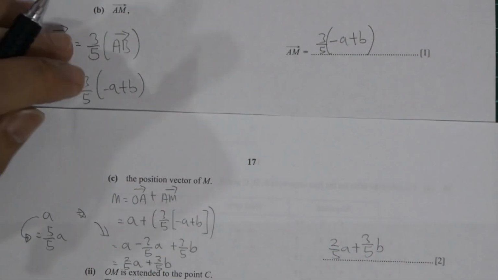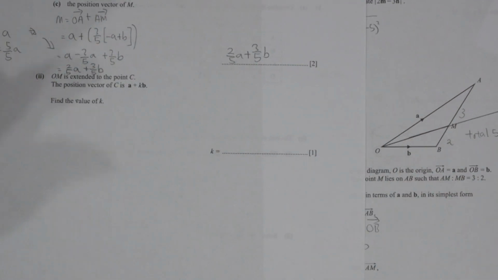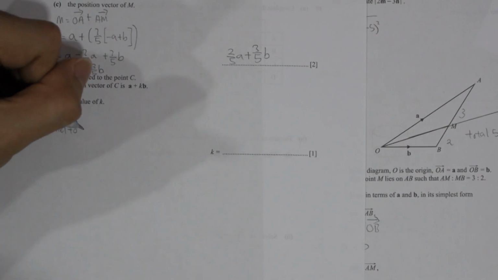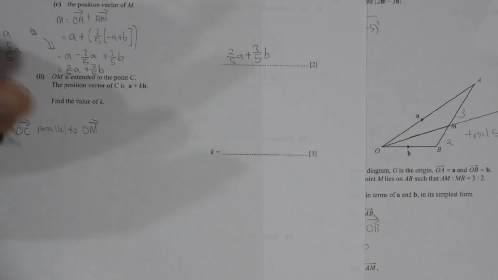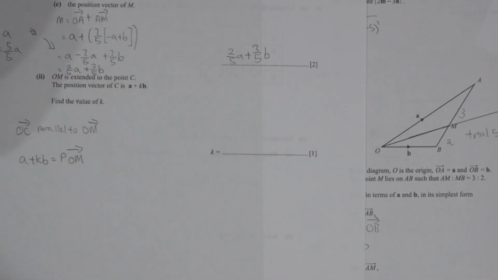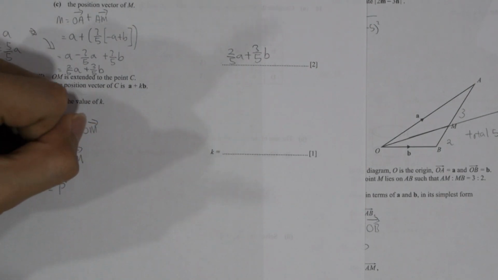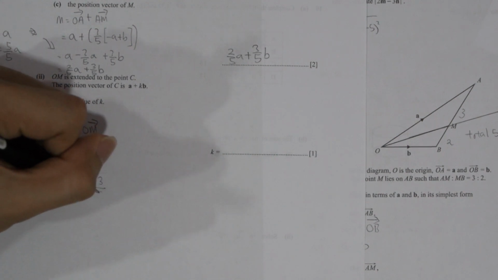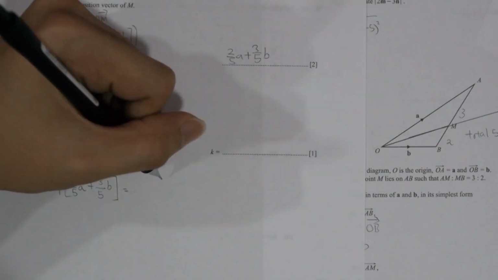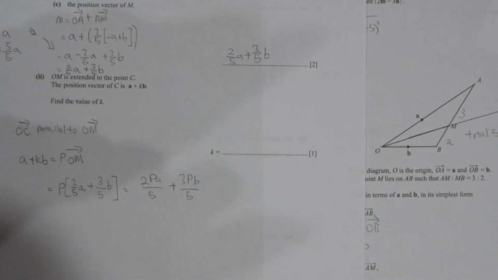The last part is more tricky. First thing I need you to know is OC and OM are parallel to each other. So the difference will be that there will be a P of OM. So OC equals POM. Once you put in the P, then you get a new formula, which is 2PA/5 plus 3PB/5.